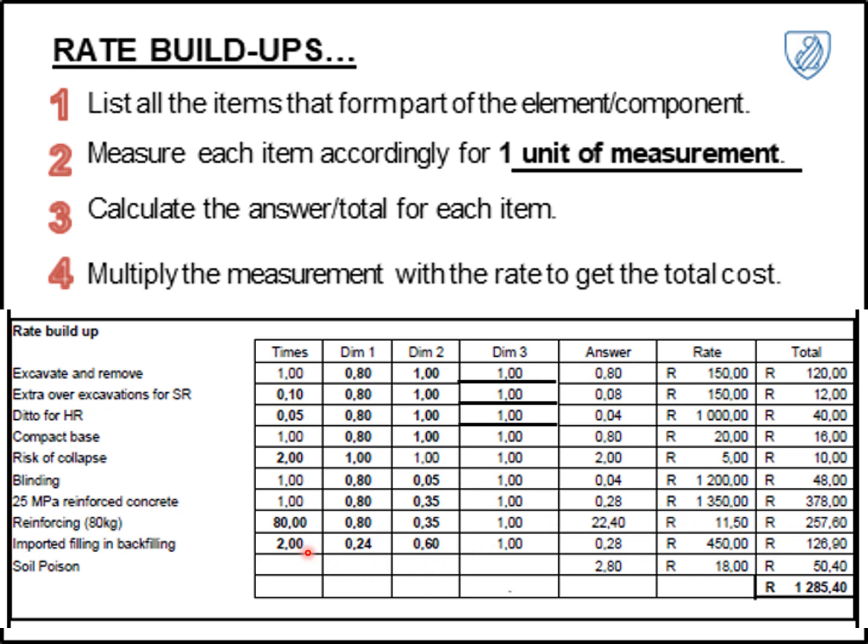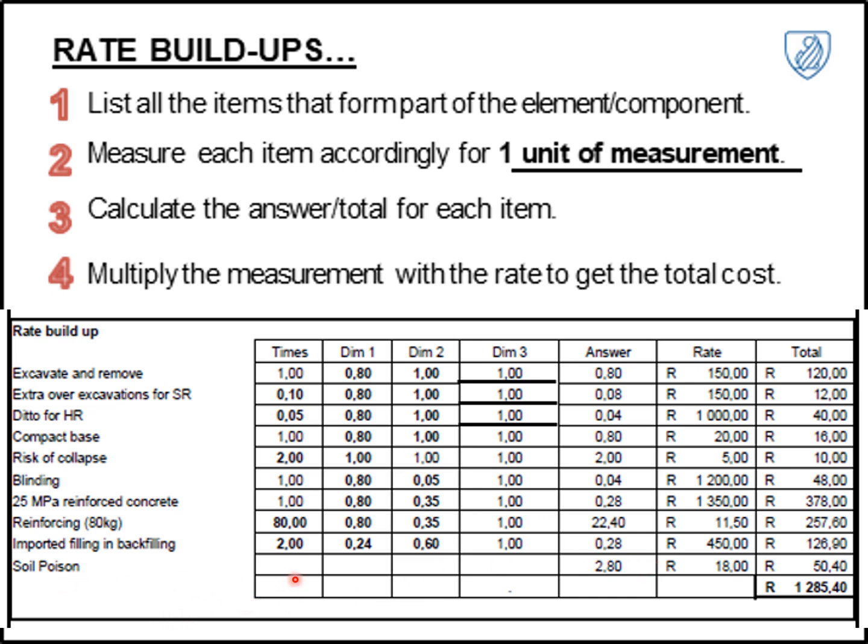Imported backfilling, here you can see we've got two sides, on both sides of the brickwork, that is measured. So it's 2 times 0.24, which is the measurement on the sides, and then the height that's left over that needs to be filled, and so forth.